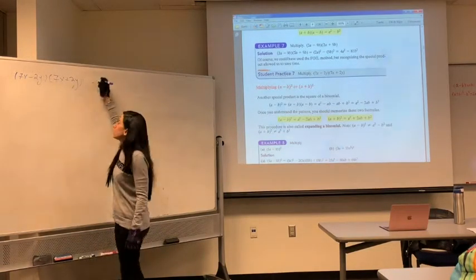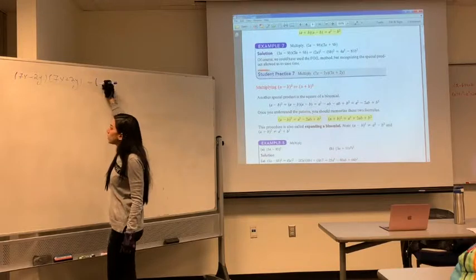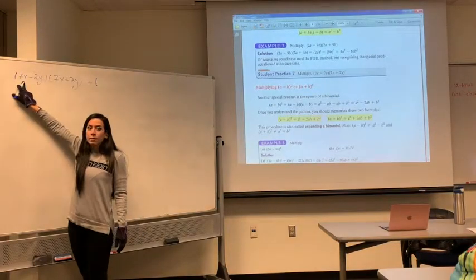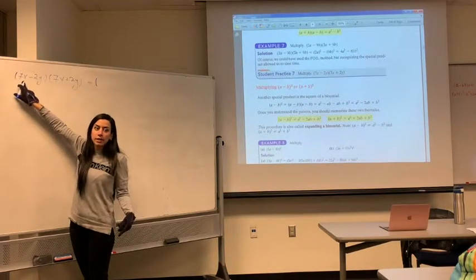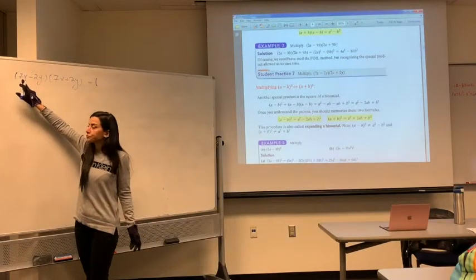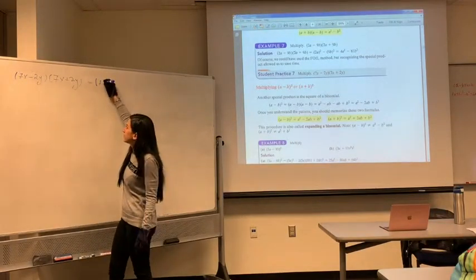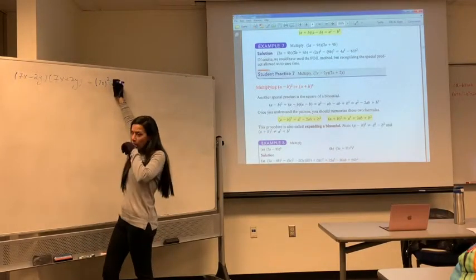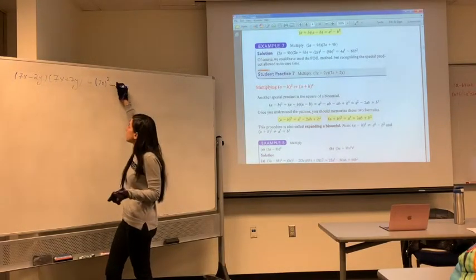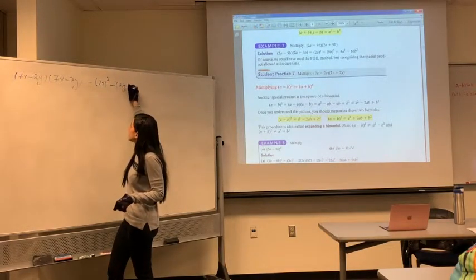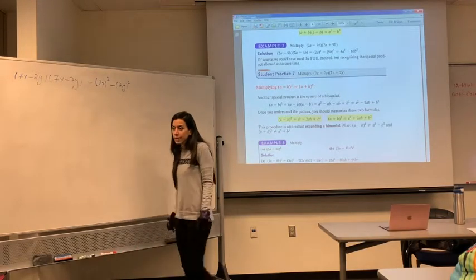So you use the formula: first term power 2 minus second term power 2. The first term is 7x power 2 minus the second term 2y power 2. Correct?